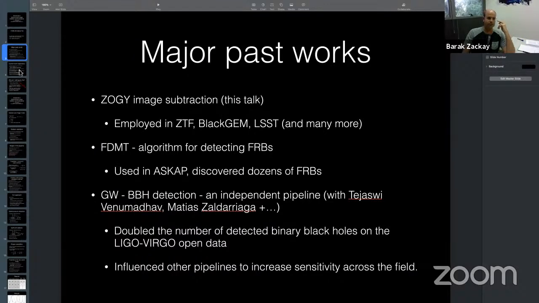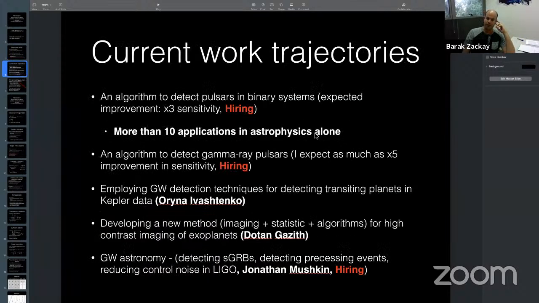So these are my past works, and my current work is that I have two works in pulsar astronomy, one in order to take radio data and detect pulsars in binary systems, which currently is very inefficient. And I have a state-of-the-art algorithm that's in the process of being implemented in order to do this. And this algorithm is actually very broad, and I know of at least 10 applications in astrophysics alone. So this is going to be a very important work.